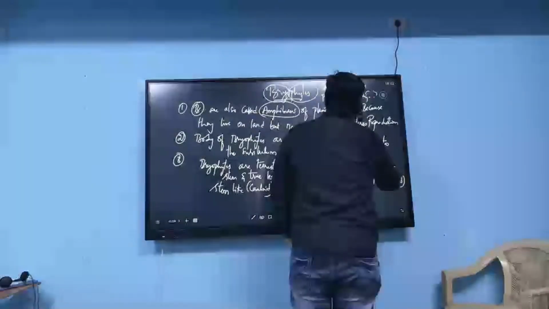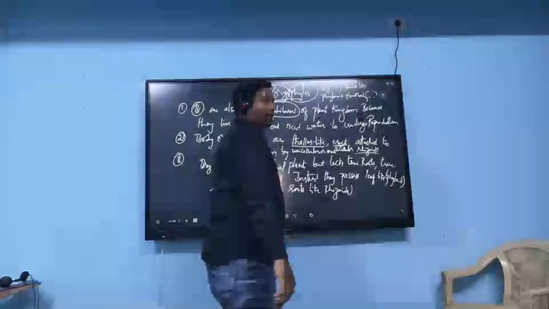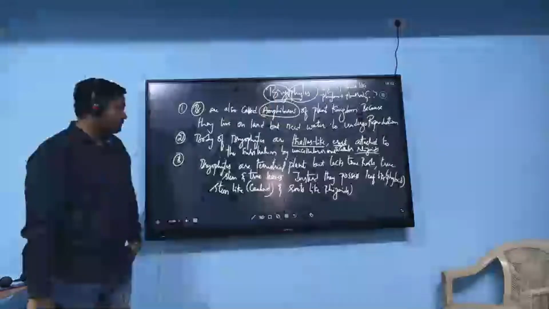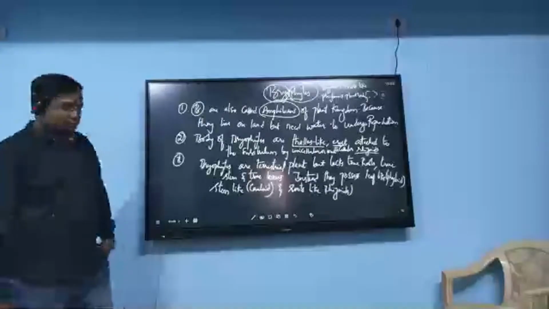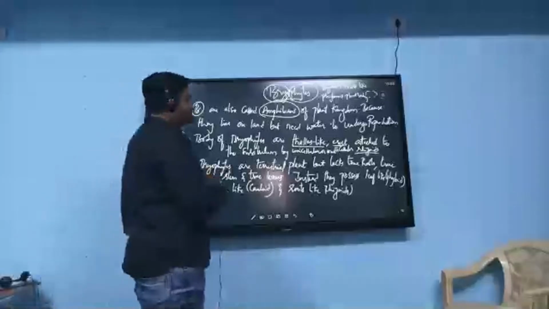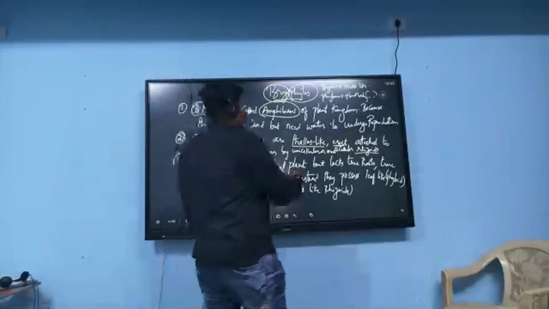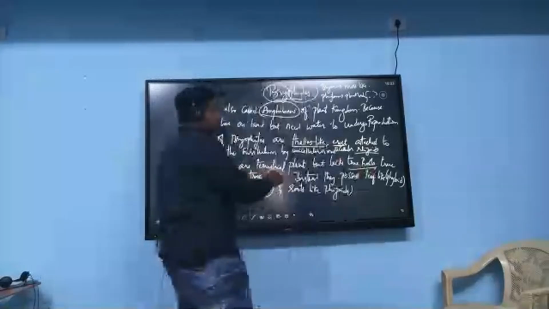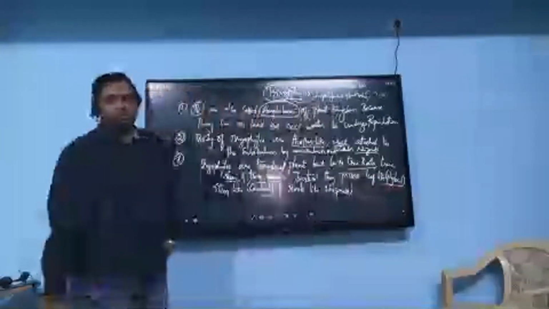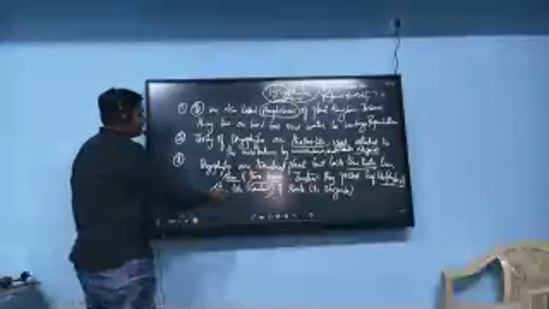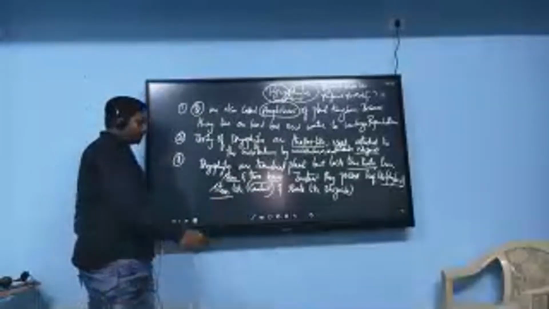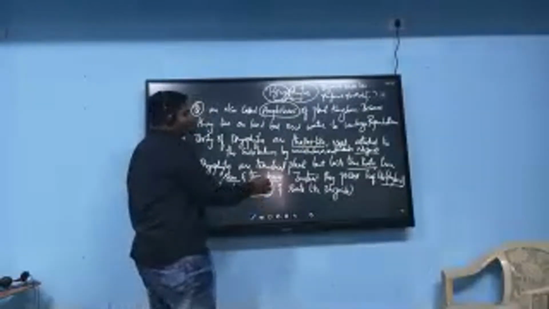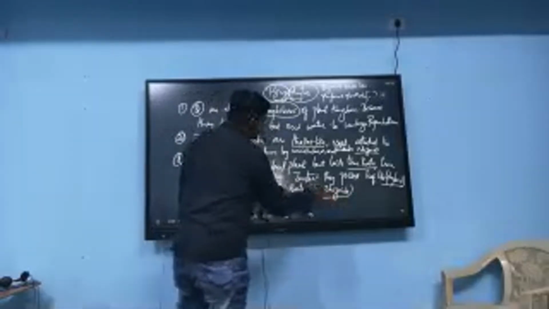They don't have roots, but a root-like structure called rhizoid. They are terrestrial plants, present on land, but lack true roots, true stem, and true leaves. Instead of leaves, they have a leaf-like structure called phylloid. Instead of stem, they have a stem-like structure called cauloid, and root-like structure, rhizoid.